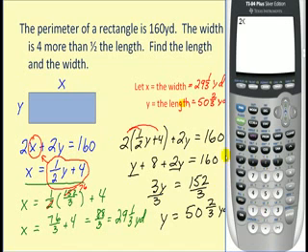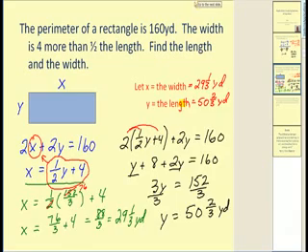We'd have 2 times, remember that 29 1/3 was the same as 88 thirds, and 50 2/3 was the same as 152 thirds. This should give us the perimeter, which they stated as 160, which verifies our solution is correct.